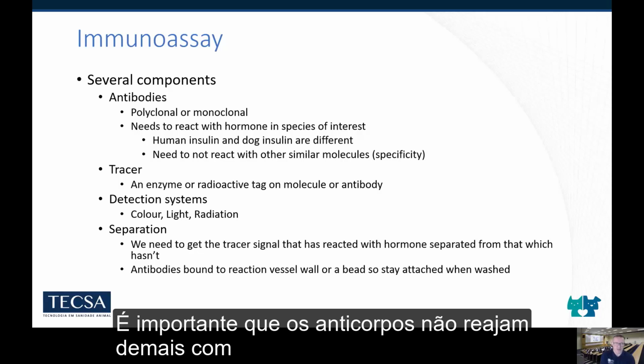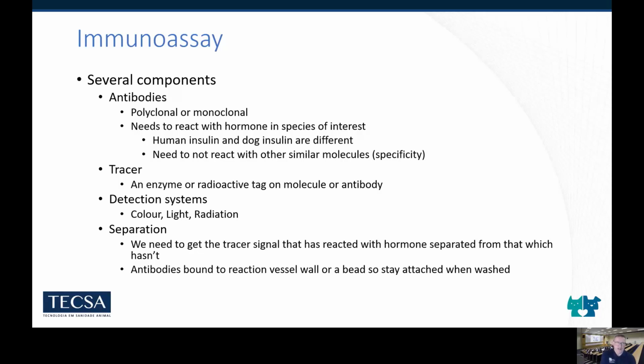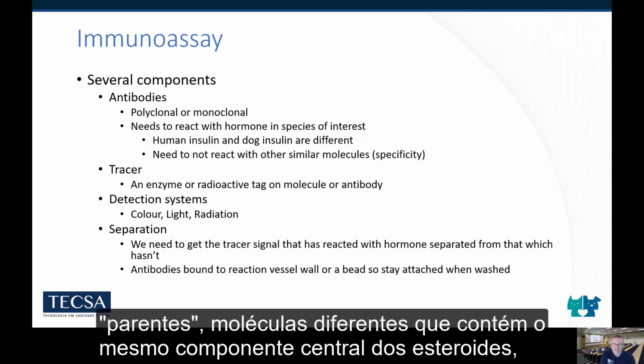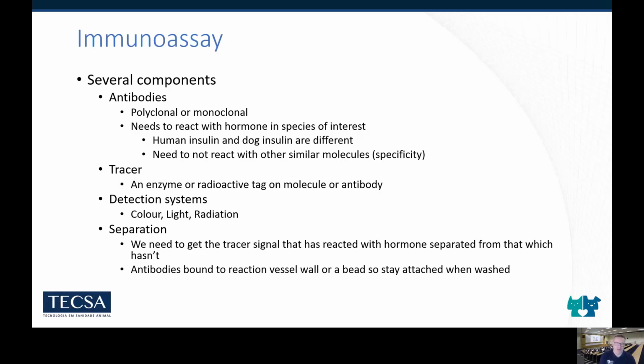It's important that the antibodies don't react too much with other molecules that look similar, and in the case of cortisol, cortisol is a steroid hormone which has numerous relatives. There are quite a few different molecules that are based around that steroid central component that could cause some cross-reactivity issues, which we'll talk about.